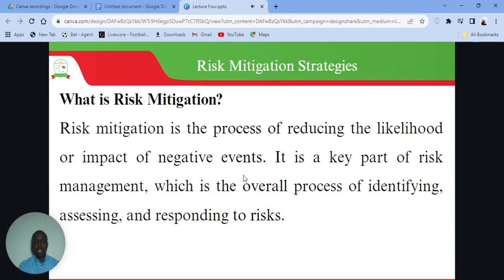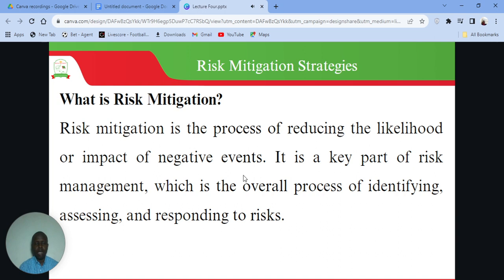Hello and welcome to this lecture on risk mitigation strategies. These strategies are going to help us understand how we are going to manage or mitigate various kinds of risks that we have looked at in our previous lectures.